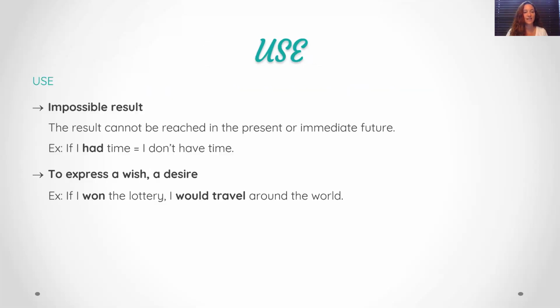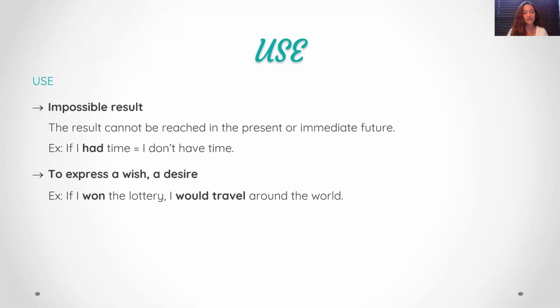That's all good. Now, if we look at the use of the second conditional, as I told you a bit earlier, my situation is impossible. It's not possible to do right now. That's why we say an impossible result. The result cannot be reached in the present or in the immediate future.